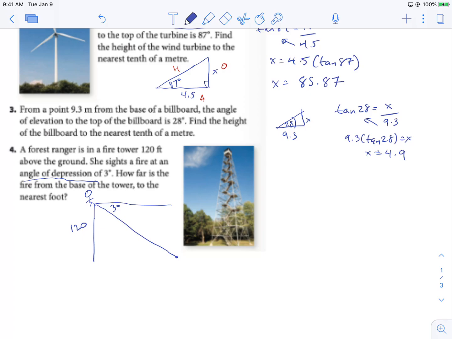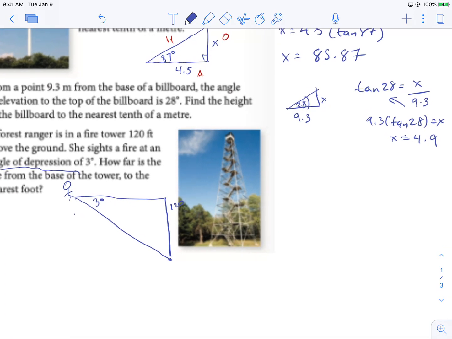So you can either know that, okay, this is definitely going to be a 90-degree angle, so that means this has to be 87 because those two things need to add up to 90. Or what might be easier when we're working with angle of depression is flip this triangle around, connect our triangle this way instead, and then just put our 120 over here instead, and we will not worry about this side. That is how I would do this.